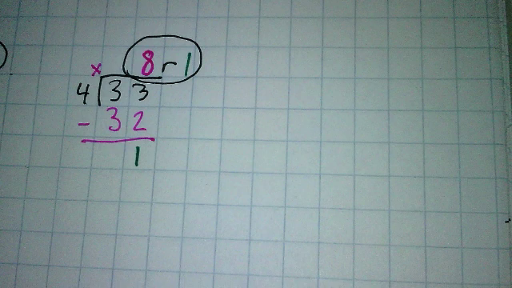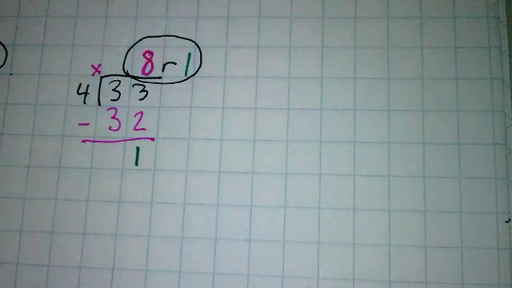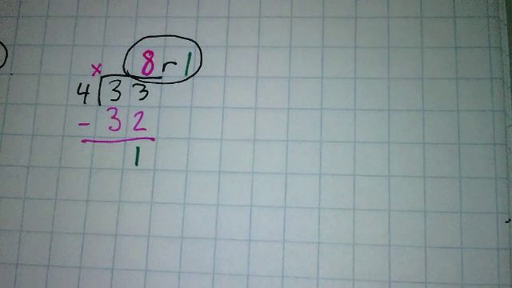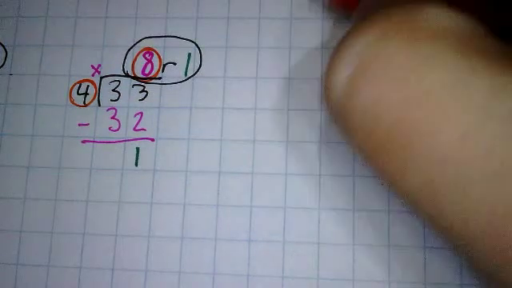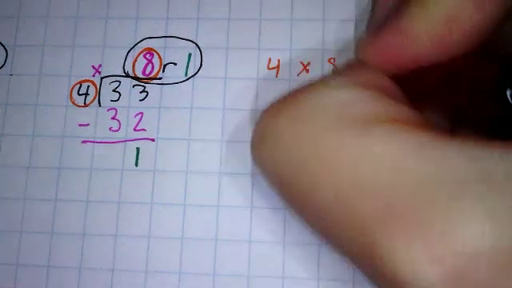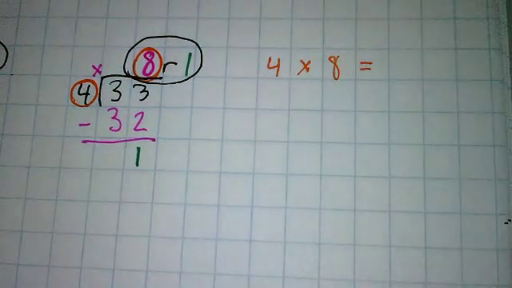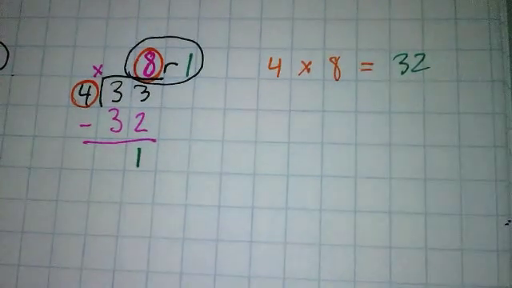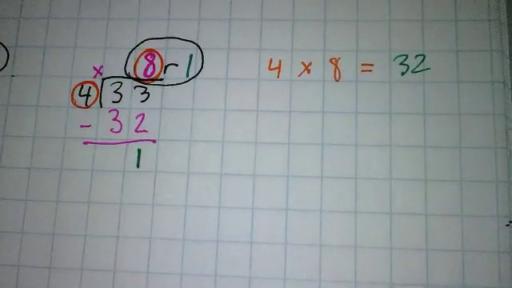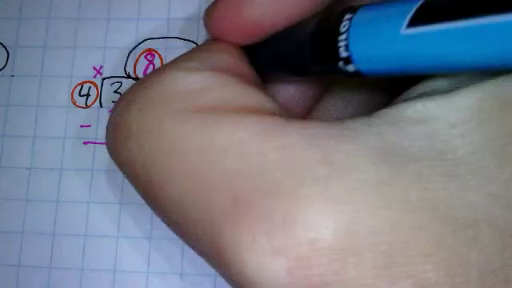Joshua, you going to give it a go? We are going to do some multiplication here, okay? We're going to start by taking our divisor and our whole number answer, and we're going to do 4 times 8, which we said was 32, right? And then we have to add our remainder, right?